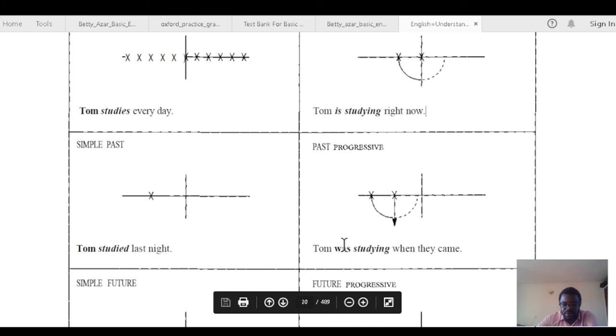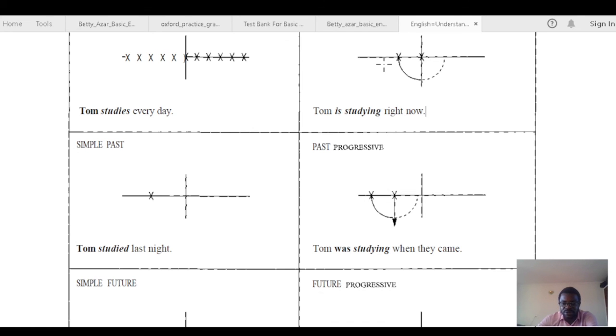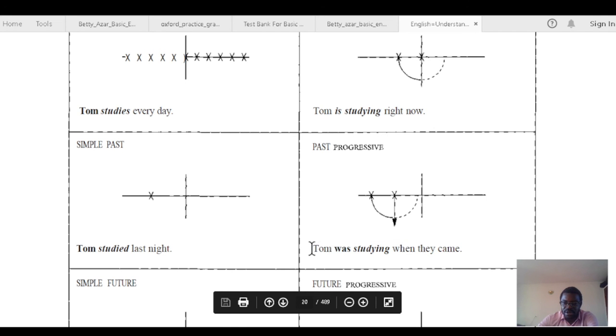So the only difference between this one and the present progressive is that for the past progressive, you have to use the verb be in the simple past form, which is was. But if you have a plural subject, now we say were.